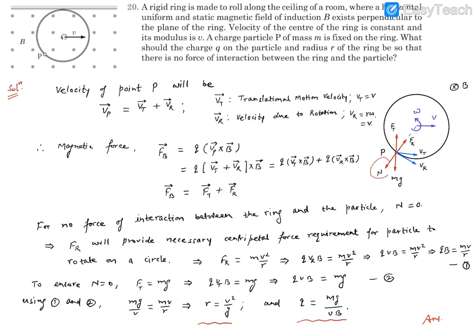So if we really want the normal reaction to be 0, that must be balanced by some force, and we have got a force Ft which is vertically upward, which can do this job. So Ft can happily balance mg. So this Fr can provide the necessary centripetal force. If they are doing these jobs, then normal reaction will not be required, and that's what the equation looks for. So we can say Ft must be balancing mg.